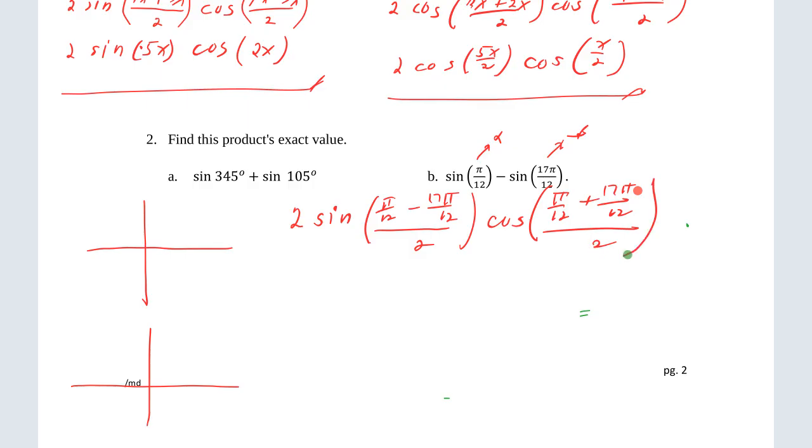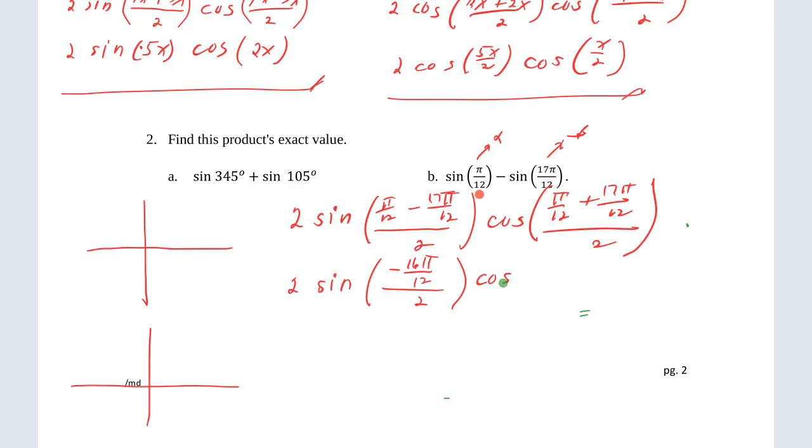Okay, now I'll just be simplifying the fractions inside. So now we get 2 sine, we have pi over 12 minus 17 pi over 12, that's going to be negative 16 pi over 12 over 2.